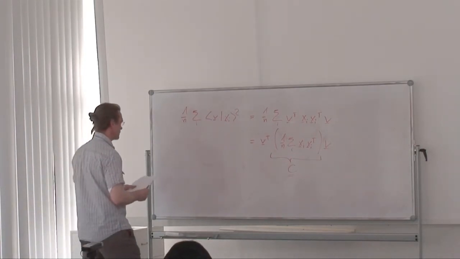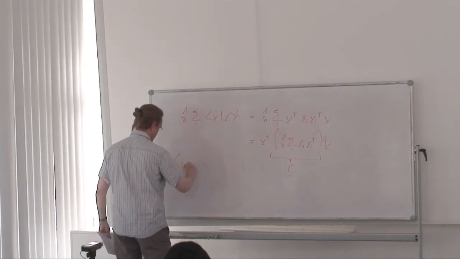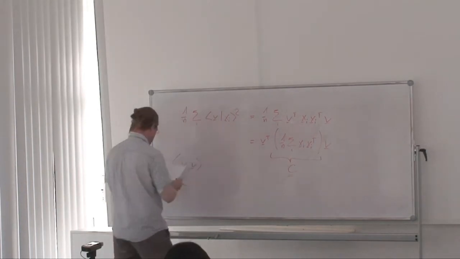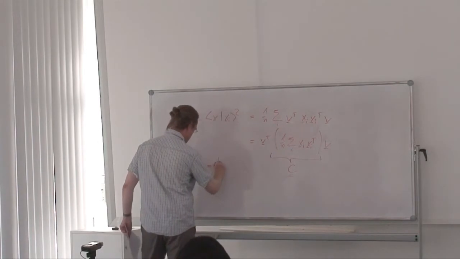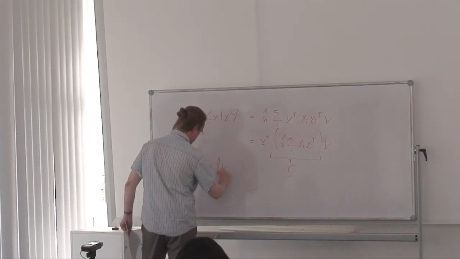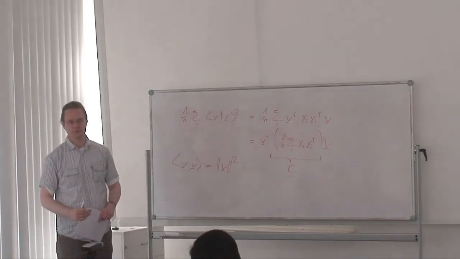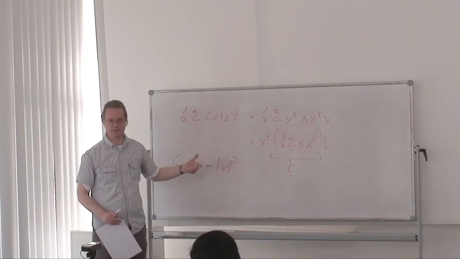And one more thing, when I wrote the inner product of v and v, that is of course the same as the norm of v squared. Right? Because the norm is usually defined as the square root of the inner product of something with itself.